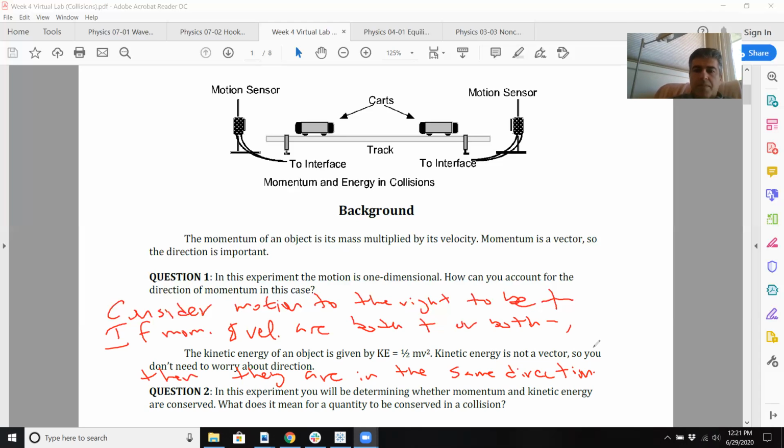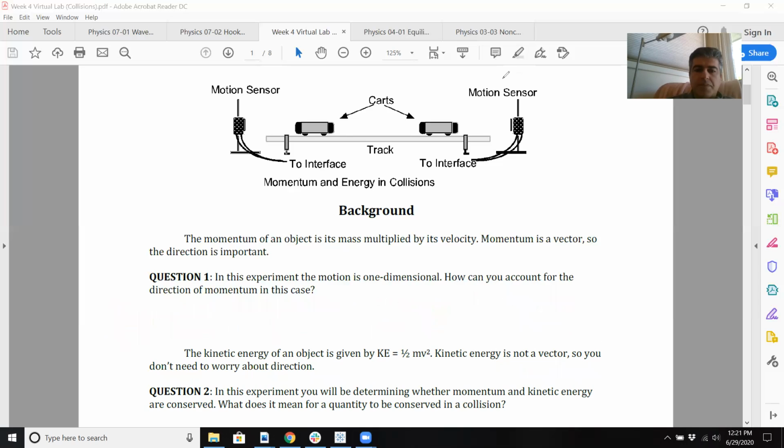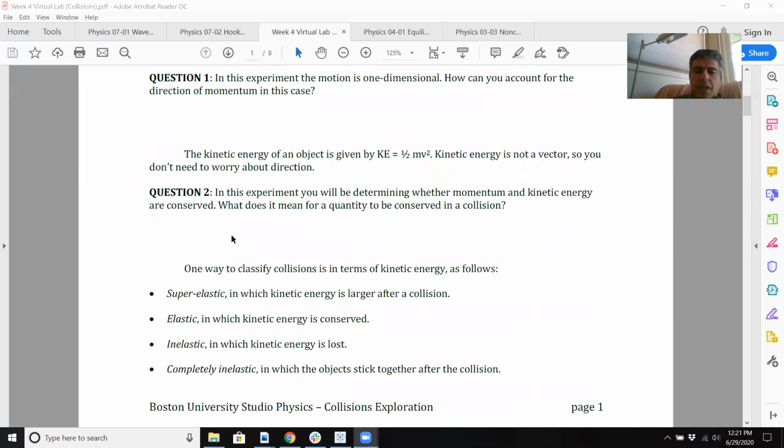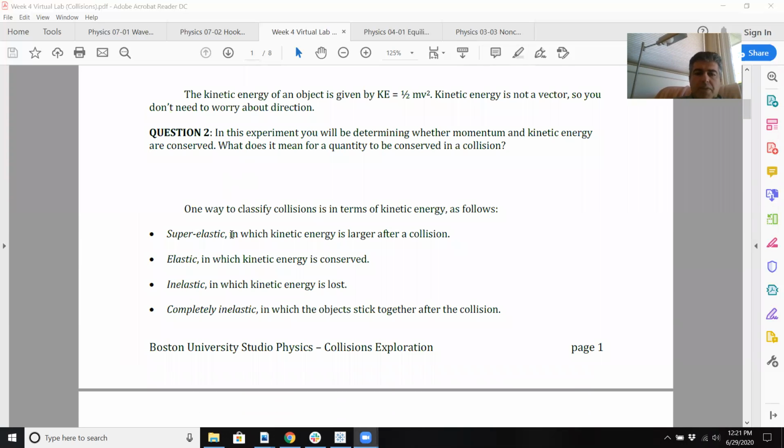So I'm going to clear this. Question number 2. In this experiment, you'll be determining whether momentum and kinetic energy are conserved. What does it mean for a quantity to be conserved in a collision?